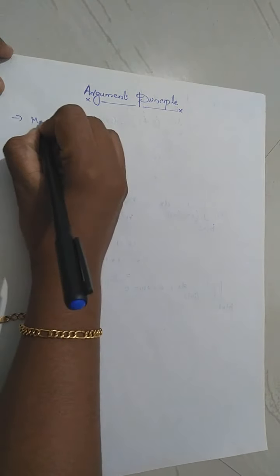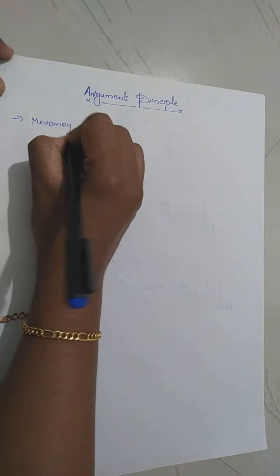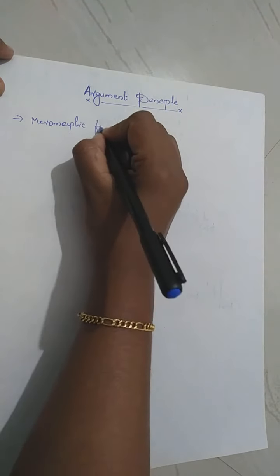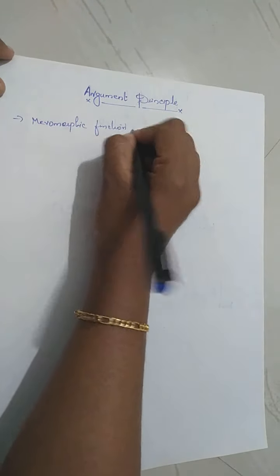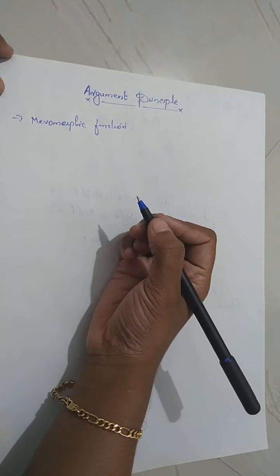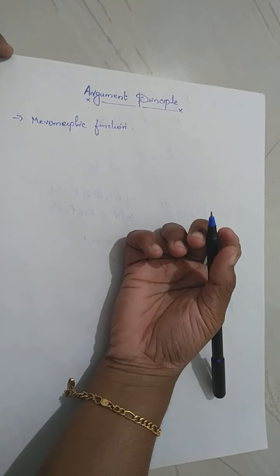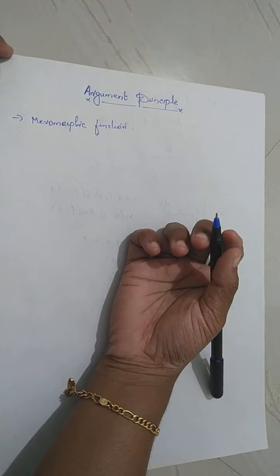Before stating the principle, I want to define what a meromorphic function is. A function is said to be meromorphic if it is analytic in a region except at poles.